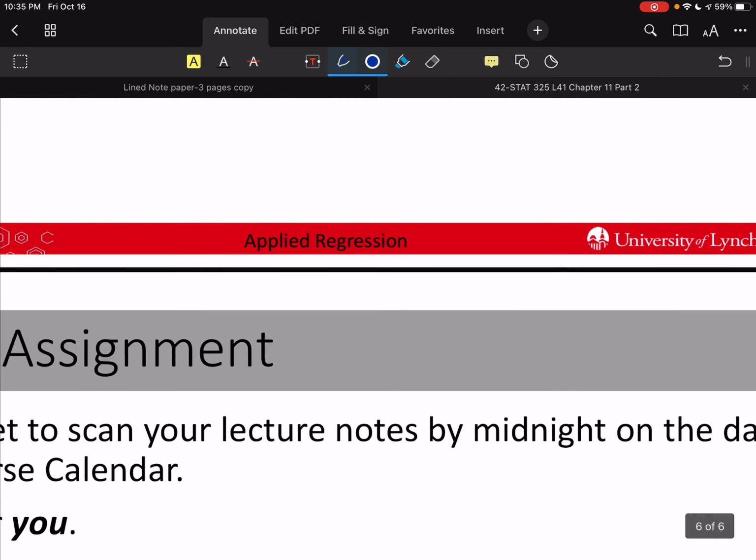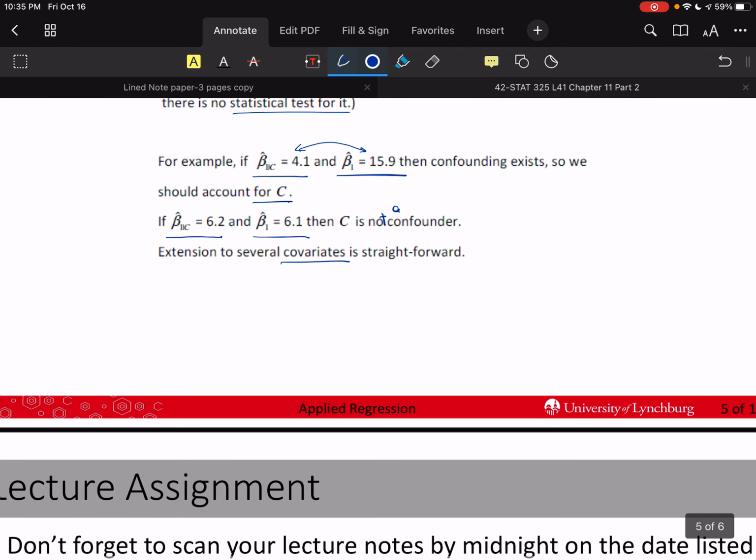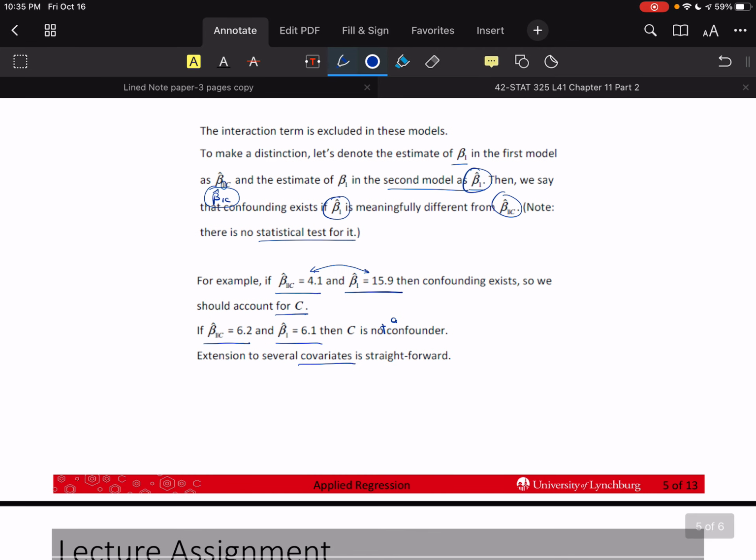That's straightforward, but the problem occurs when we have, say, beta 1 hat equals 6.1 and beta 1C hat equals 7.5. Are these different enough to say that we have confounding or not?